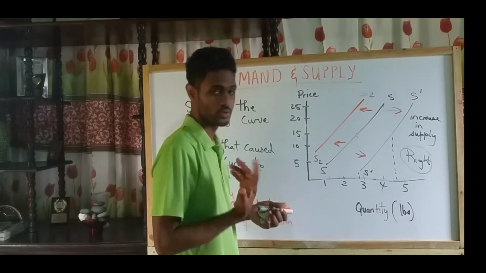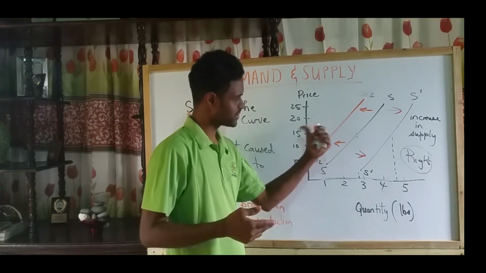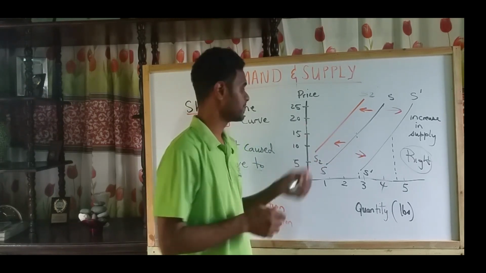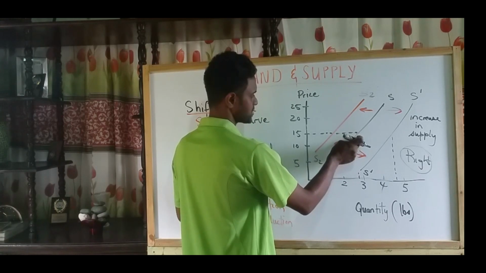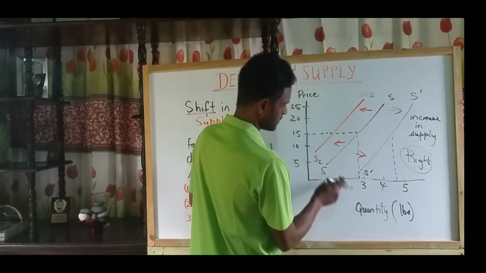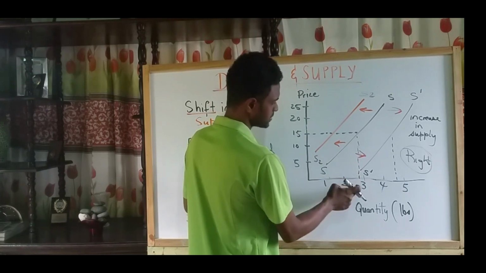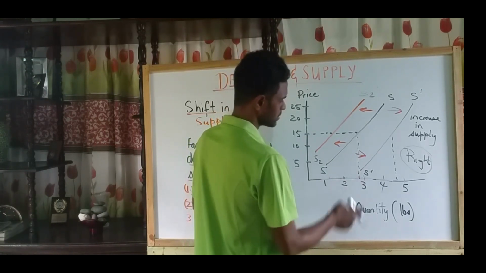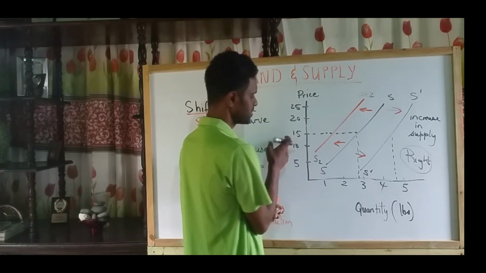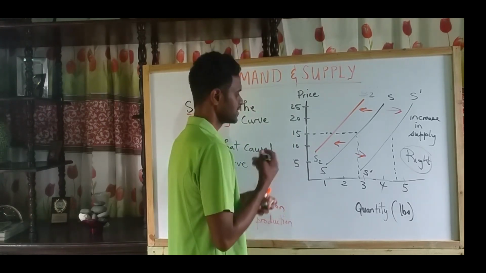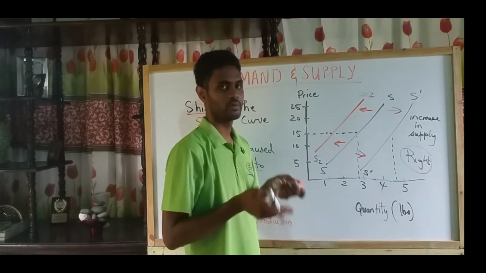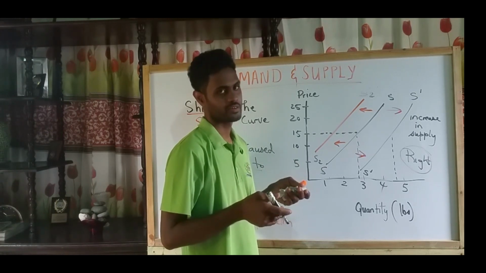So let us check to show that there is actually a decrease when the curve shifts this way, a decrease in supply. Let us go back to the original supply curve. At $15, the suppliers were willing to supply about 2.9 dozen corns. If cost of production increases, say the increase came from abroad, you know that we import corn seeds in the country.